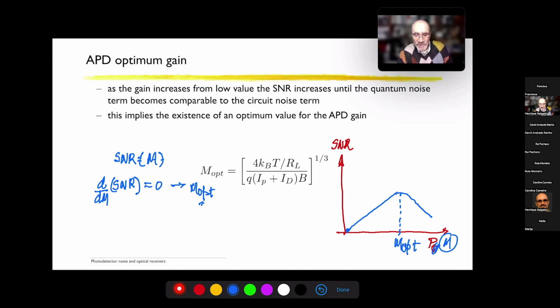This is an important result, which shows that there's actually an optimum value for the gain of the APD, which gives us the maximum signal-to-noise ratio. If you further increase the gain, there's no further improvement. Actually, the signal-to-noise ratio decreases.